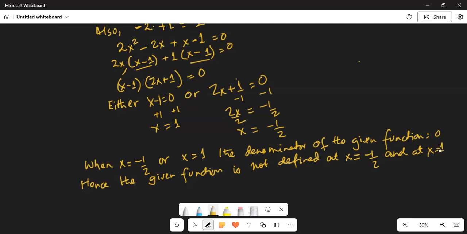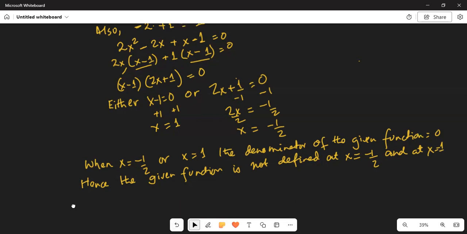Okay, so how do we express the domain of x in the set? So first we will do the set builder notation.